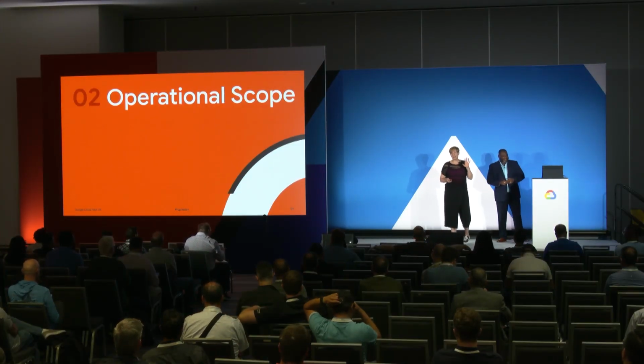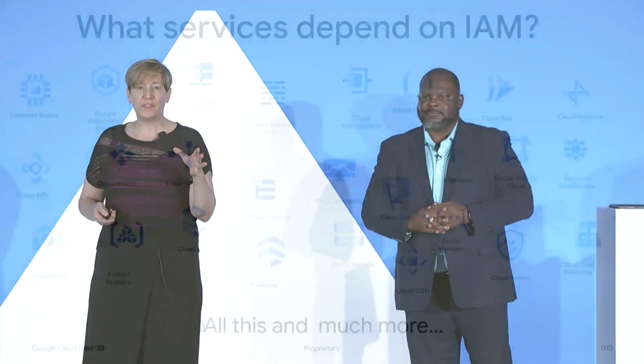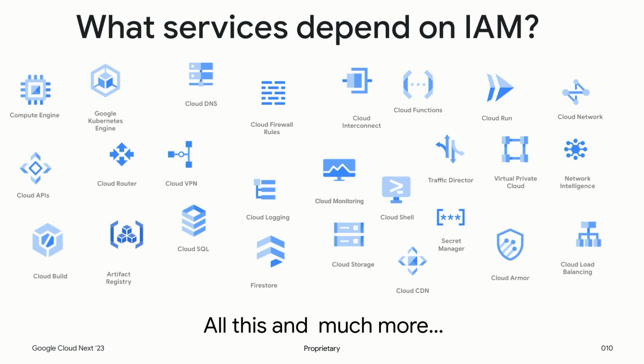Okay, let's cover the operational scope of IAM. What services depend on IAM? This is a trick question. All this and much more. It's everything. Everything is dependent on IAM in Google Cloud, in any cloud, right? Every service in the cloud, all of these APIs, everything relies on IAM.